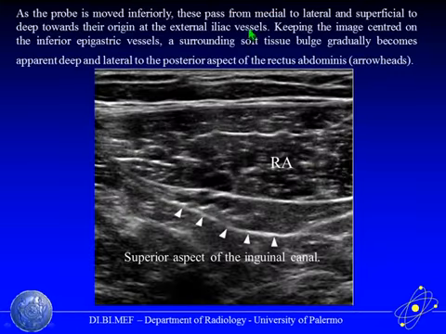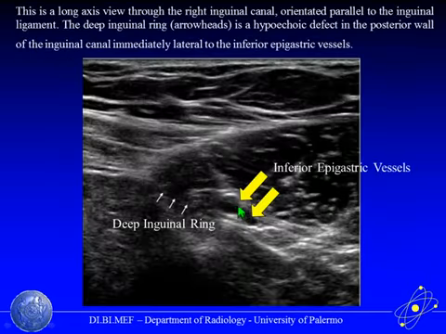So we move down our probe following the rectus abdominis and the inferior epigastric vessels until we see this hyperechoic stripe, that is the superior aspect of the inguinal canal, and always use inferior epigastric vessels as landmark for your examination. Again, inferior epigastric vessels, this is a longitudinal oblique scan.